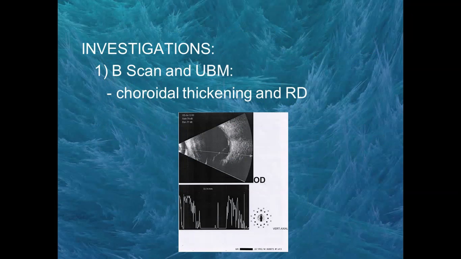How do we investigate this condition? We can do a B scan and a UBM. The first picture you see is a B scan. We are seeing some amount of choroidal thickening here posteriorly, and this detached area suggests there is a retinal detachment. These are common findings that you see in sympathetic ophthalmitis on a B scan.